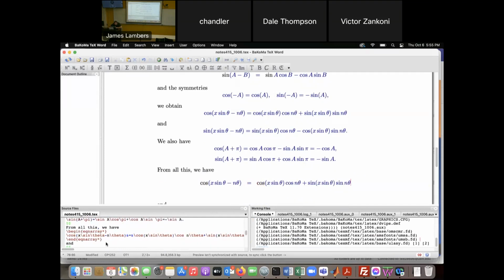So what I'm going to do here is replace theta throughout by theta plus pi, to see what happens on the other half, or bottom half, of the circle.